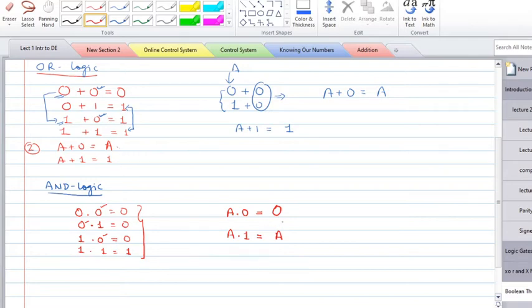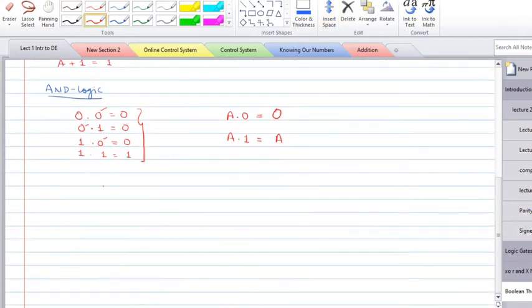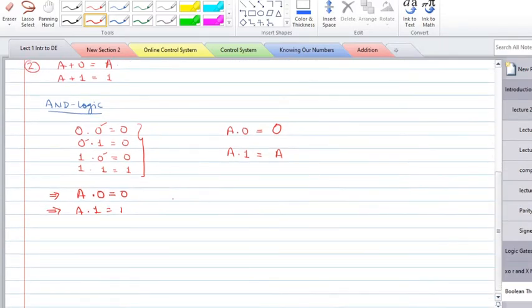Okay, whereas in this case when we AND a variable a with 0, then it results in 0. Okay, that is 0 multiplied with any other variable will result in a 0. So the theorem is a dot 0 is equals to 0 and a dot 1 is equals to a. Okay, so these are numbered as 3.